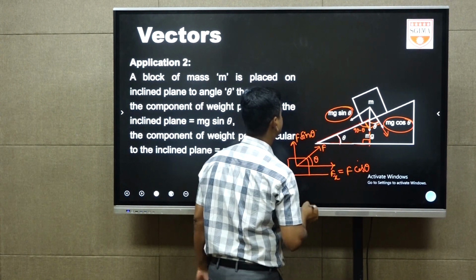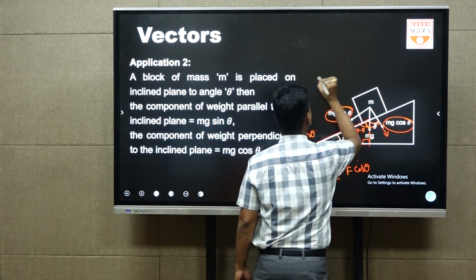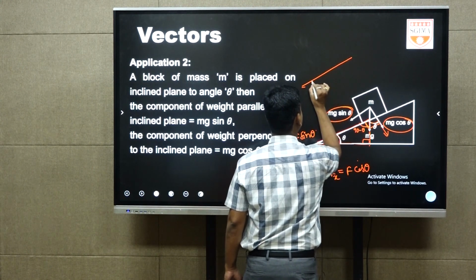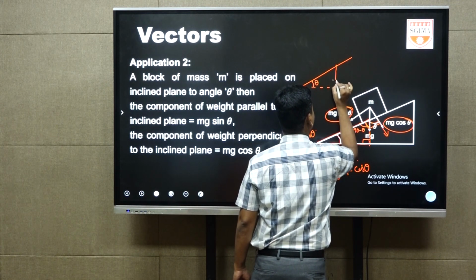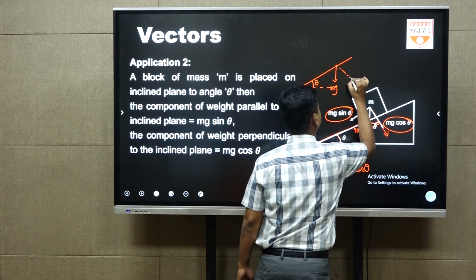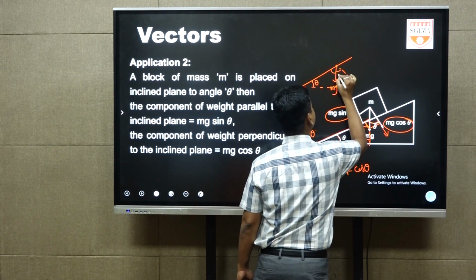Otherwise, with the help of the diagram also, you can take it. This is the incline, here mg is acting in the downward direction. This angle is 90 minus theta, this angle is theta.